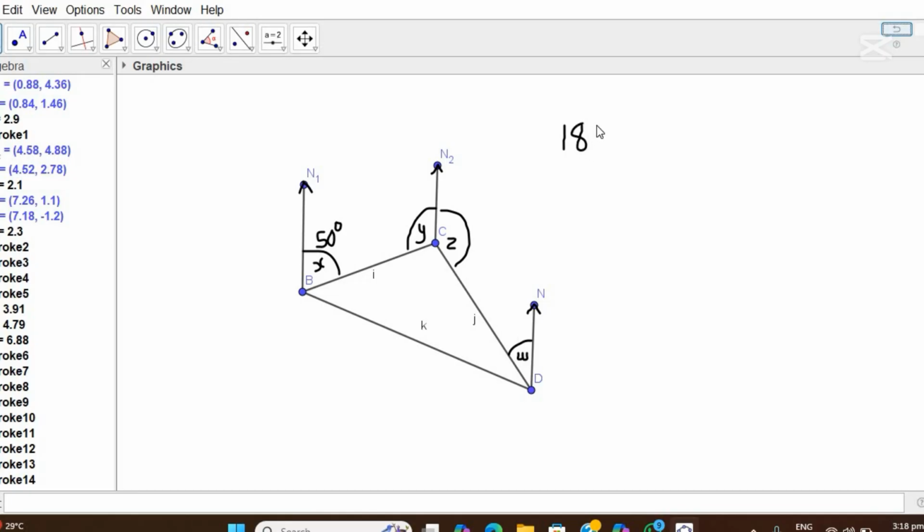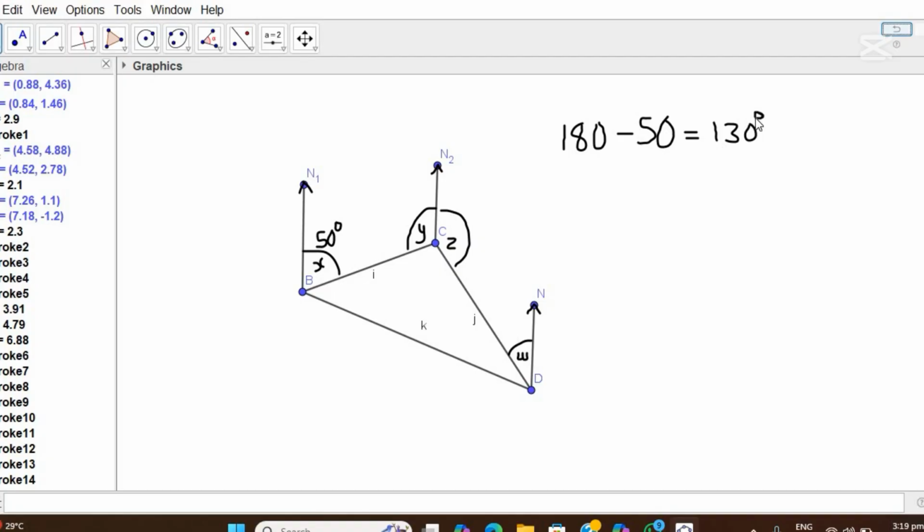So we're subtracting 50 from 180, since the sum of the two angles should be 180 degrees. So taking my 50 out of my 180 will leave me with 130 degrees, which therefore means that angle Y would be 130 degrees, right?